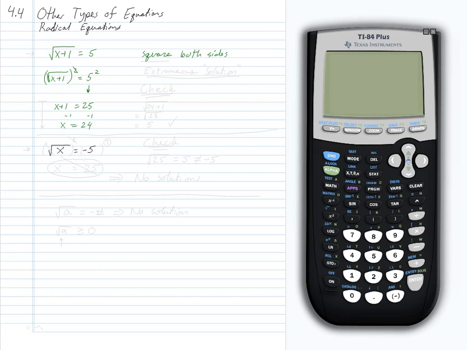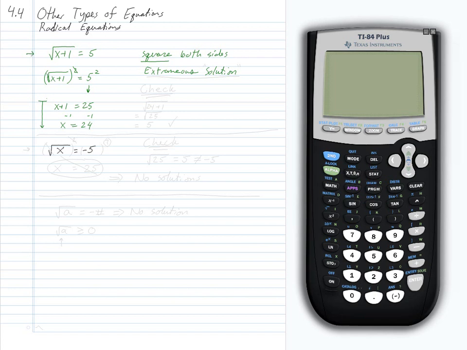Now this process of squaring both sides, raising both sides to a power, introduces the possibility for what's called extraneous solutions. An extraneous solution is a solution to an equation found later in the process that is not necessarily a solution to the original equation.